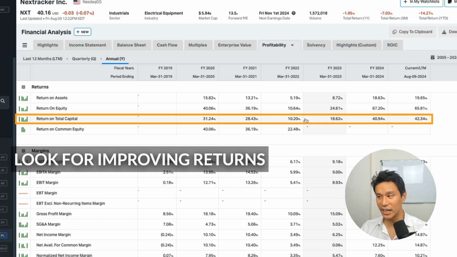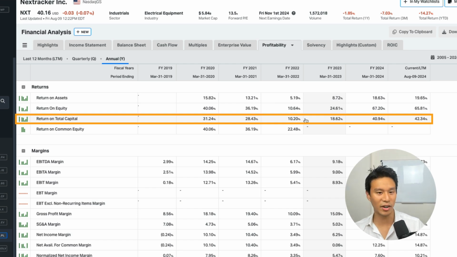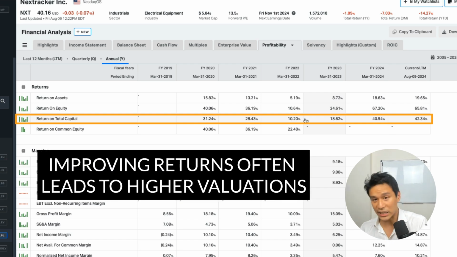If the returns are getting higher, then that would mean that the overall return on invested capital is starting to trend upwards. And then that is a great sign, because if the business is starting to invest in things that are having high return, ultimately that will raise the stock's valuation. And that's another topic to get into. But at the end of the day, when a company can generate really high returns on its capital, one, it makes money for you as an investor, and it tends to lead to a higher valuation for its company.